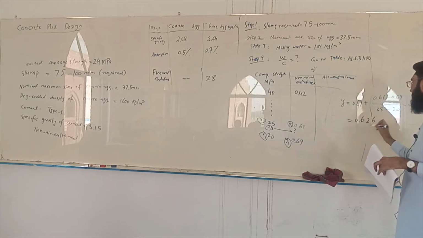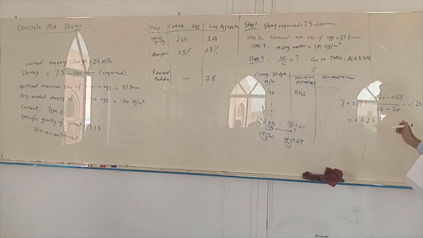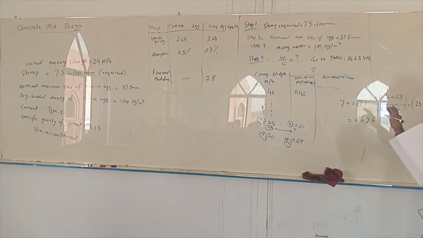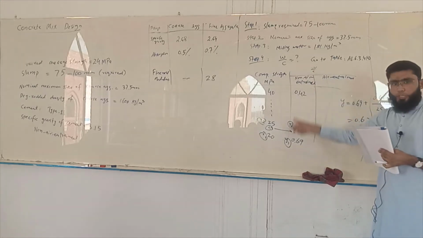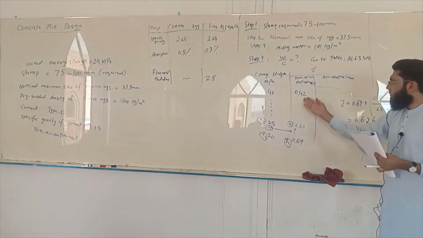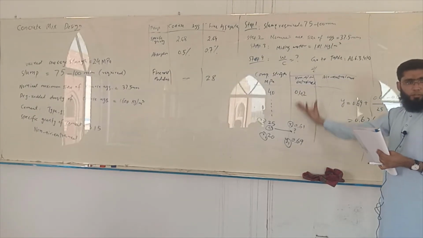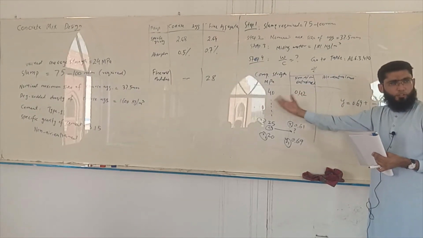So 0.626, and if we want to limit ourselves to 2 decimals, what do you think we should do? 0.63 is a more mathematical approach, but a more logical approach would be: a lower water cement ratio means high strength.